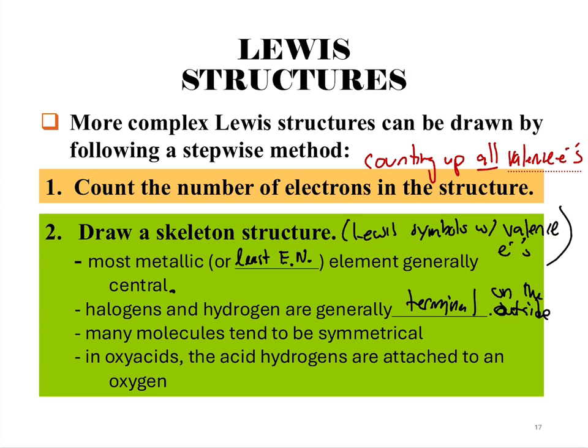And nature likes to be symmetric, right? Nature likes things to look pretty in general. That's how things with energy just tend to work out. So if you're given a molecule that has 1 carbon and 4 hydrogens, you're probably not going to have 1 hydrogen at the center, 3 on the outside, and then 1 hydrogen on the outside, right?